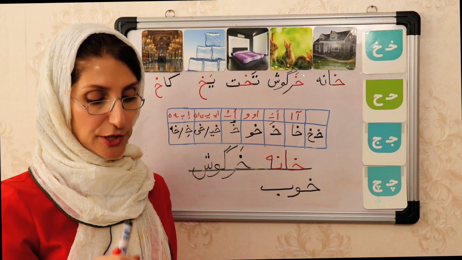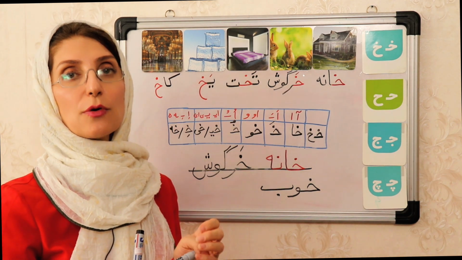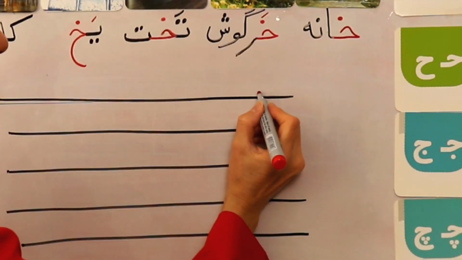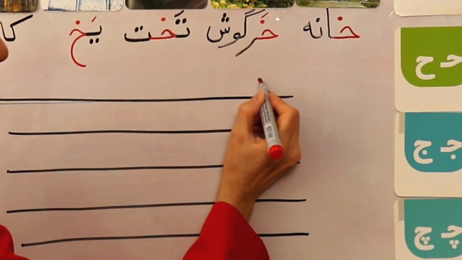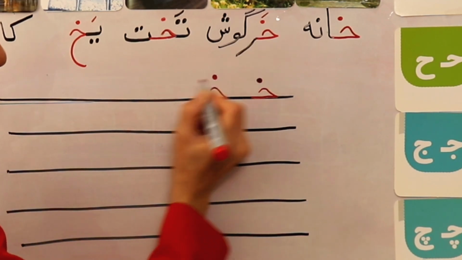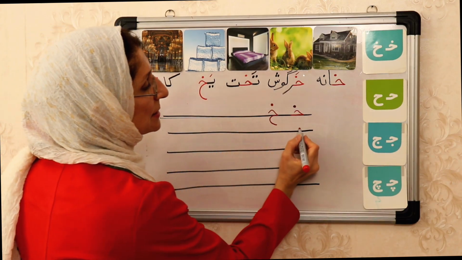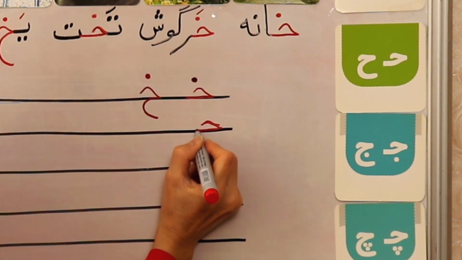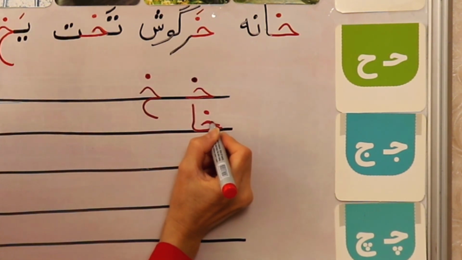Now bring your Persian notebook for your homework. Your homework will be the non-final khe and the final khe. Now write one line of khane.